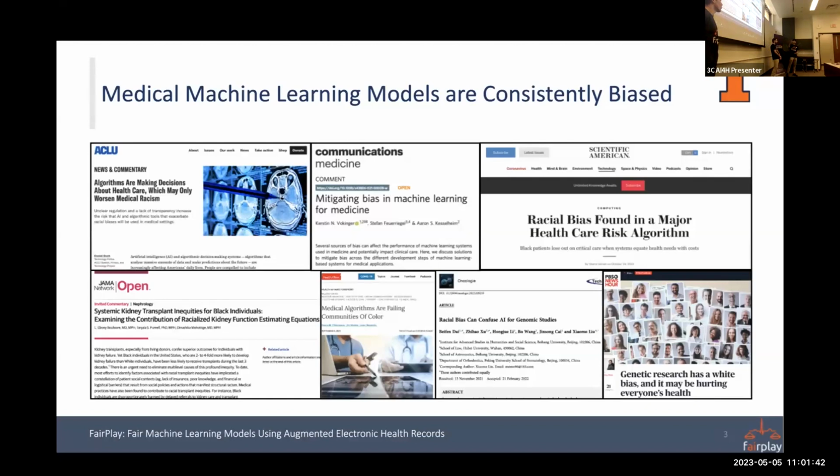So if we look at the one on your bottom left, that's one highlighting the fact that when looking at kidney function tests for an African-American patient and a non-African-American patient, they'll have different values for their kidney function value, or GFR, even if they have the same amount of creatinine in their system.